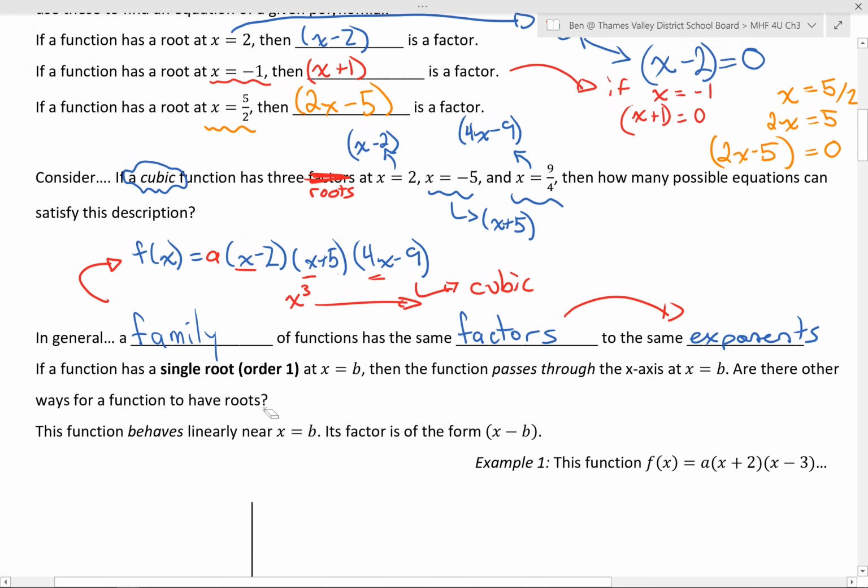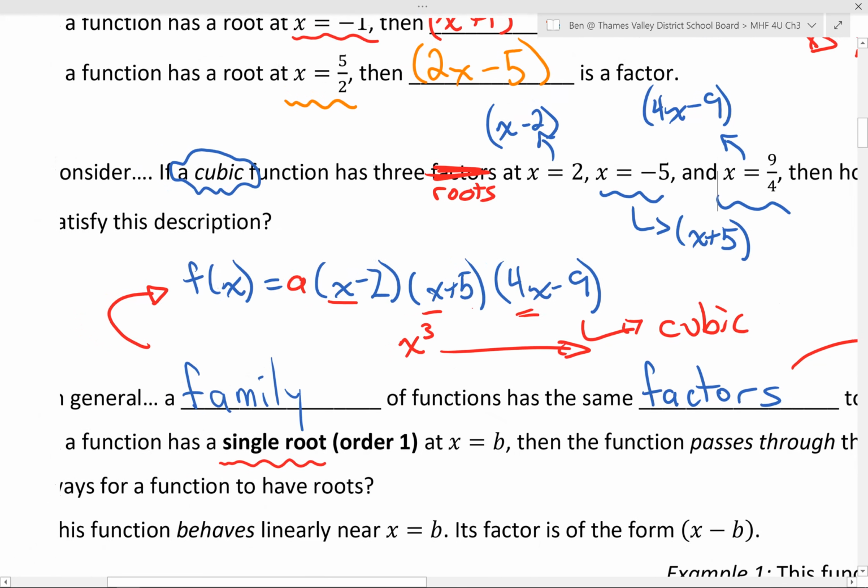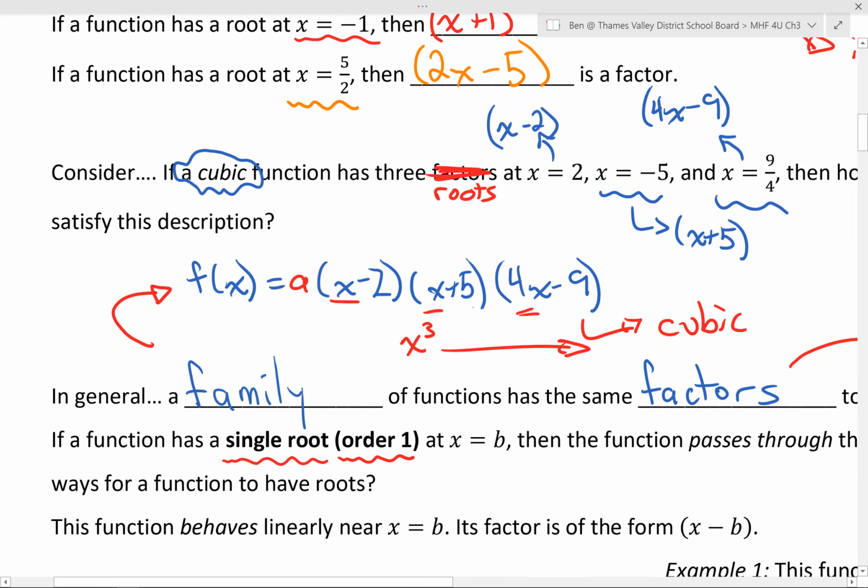Now, if a function has a single root, okay, so that's what we call it if the factor has an exponent 1, like each of these here. Okay, so if a function has a single root, we can say it has order 1 at x equals b. Let's say there's a certain point where it has a root that has an exponent 1.